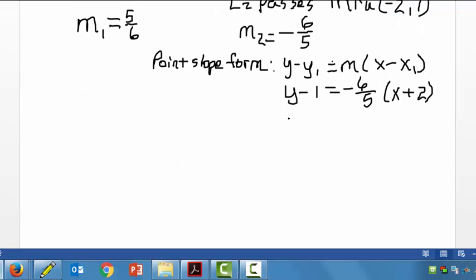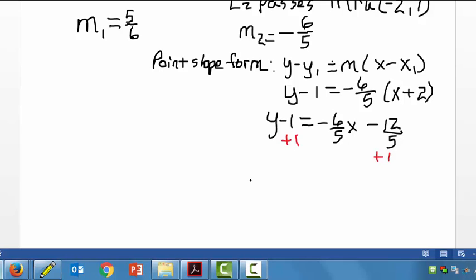If you wanted to keep going, you would have to distribute the negative 6/5. So on the right side, you would get negative 6/5 x minus 12/5. 2 times negative 6/5 is negative 12/5. And then you would add 1 to both sides.